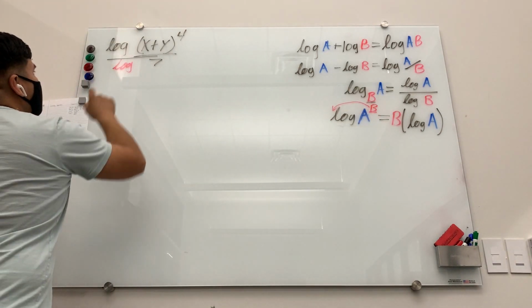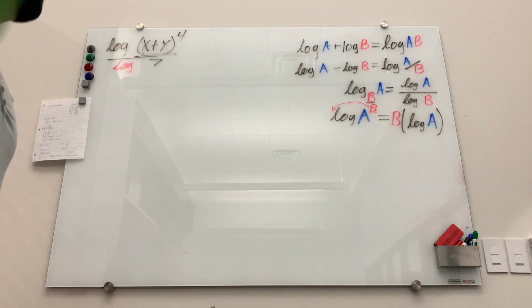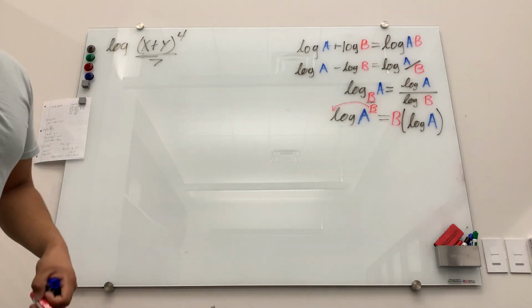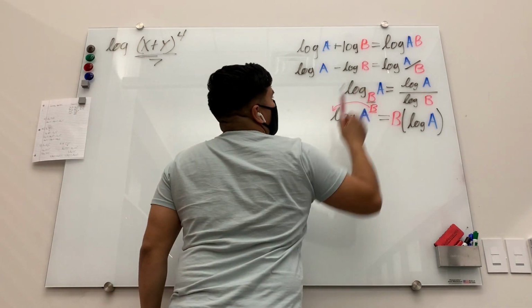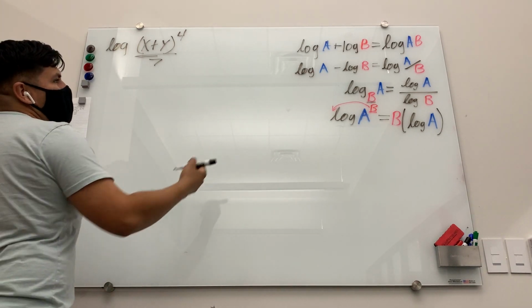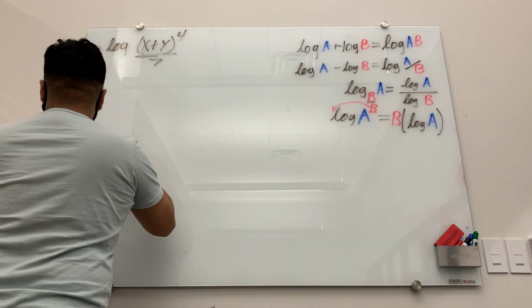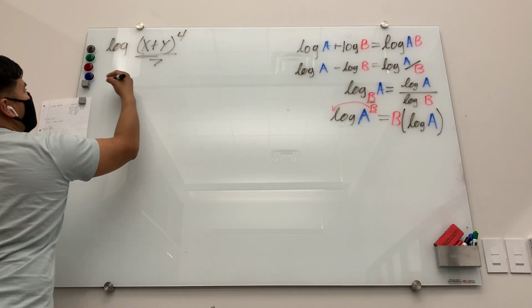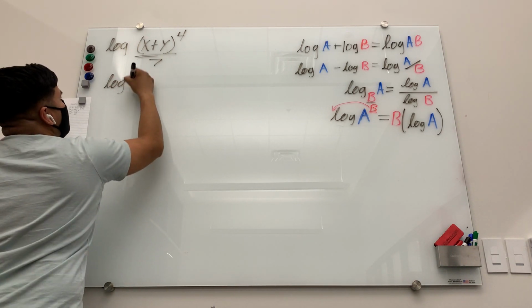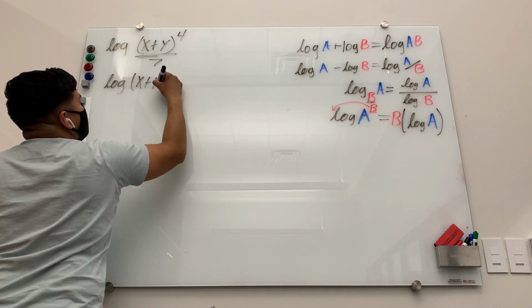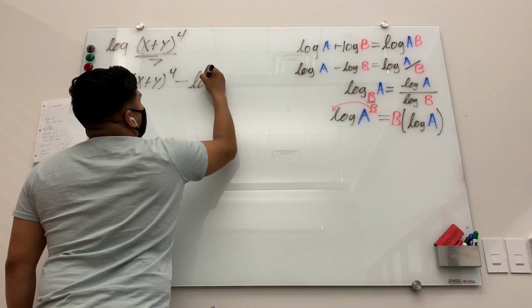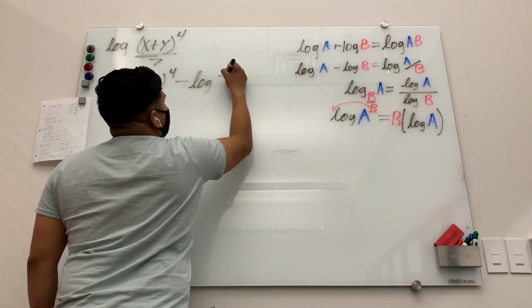But because we only have a single log out front, we have to use our law of division, or logs of division. So what this means is we have to do log of x plus y to the fourth minus log of 7.